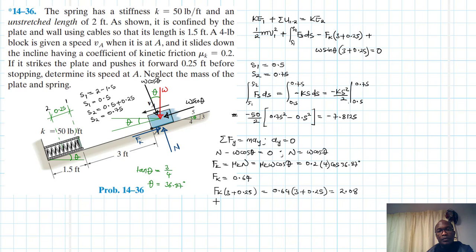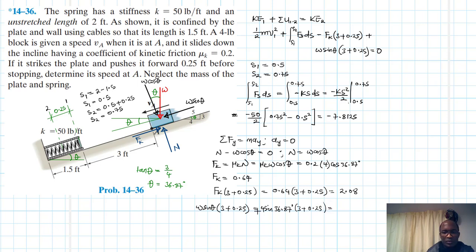All right. Then we work on the other one, which is W sine theta times 3 plus 0.25. This is just going to be equal to 4 sine 36.87 times 3.25.